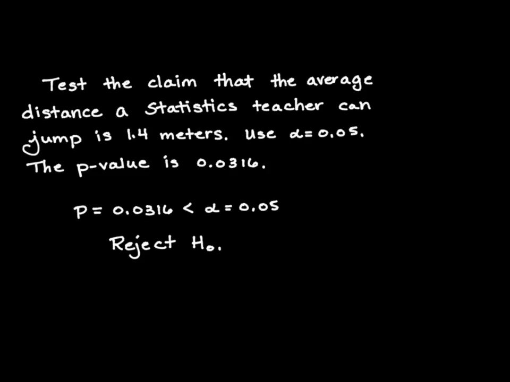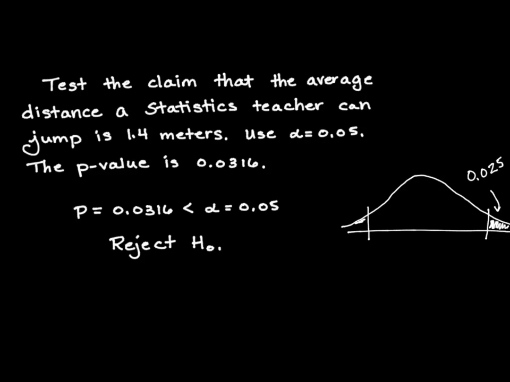Now, while I don't have to draw my distribution, let's take a look at what this means. We've been doing a two-tail test here, and so I have my normal distribution, or t distribution. It doesn't really specify in this particular scenario, and it doesn't really matter terribly. My critical value, I don't know, because I don't know which distribution we're using, but I do know that the area in each tail is 0.025.